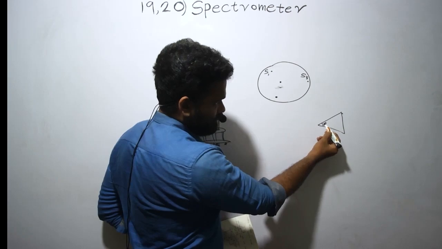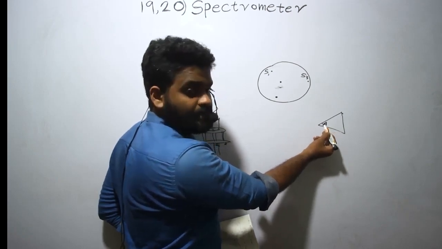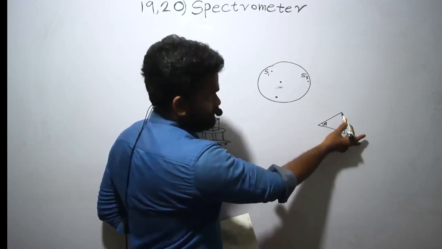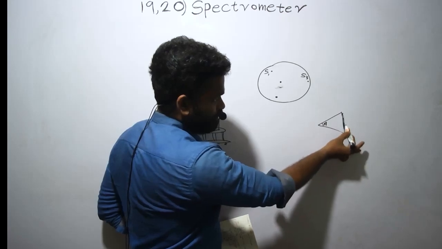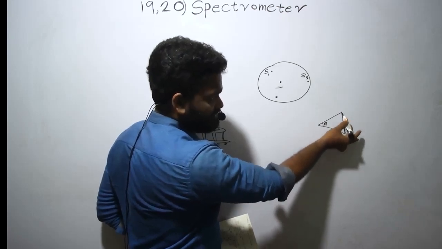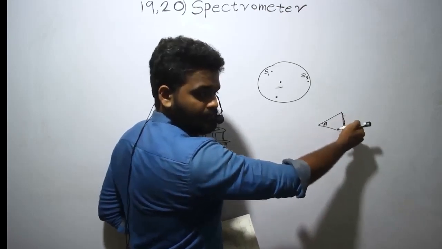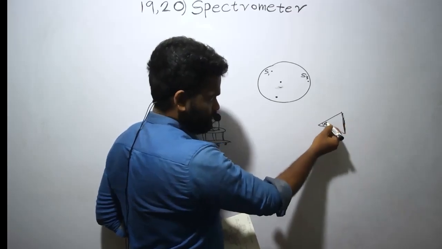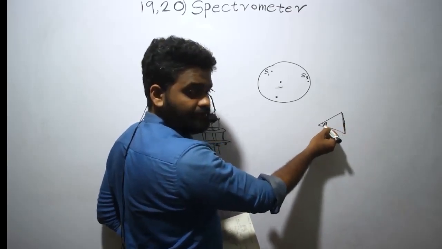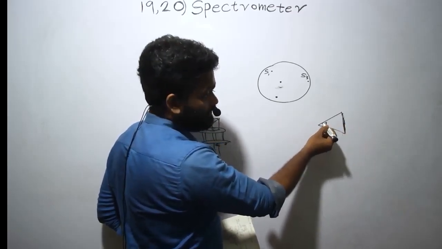Refracting edge means the edge which includes the prism angle. For the experiment, just one side of the prism is roughened, so you clearly identify the refracting edge.